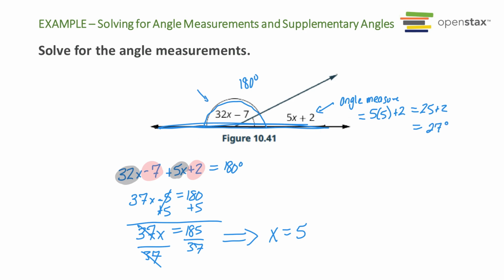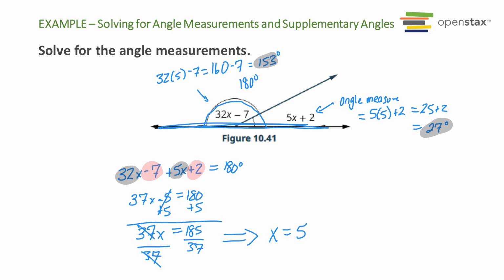And then this angle measure is going to be 32 times 5 minus 7. And so if we do 32 times 5, that's going to give us 160 minus 7 is going to be 153. And then just to check our work, because those should be our answers, 153 and 27, and this should be in degrees.